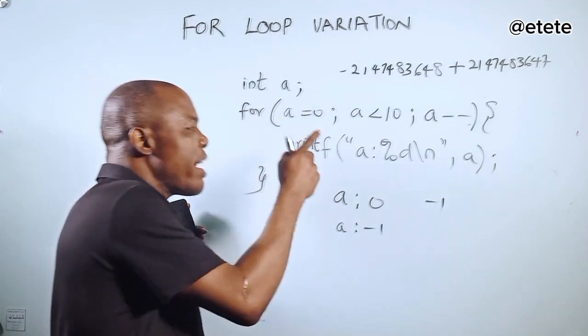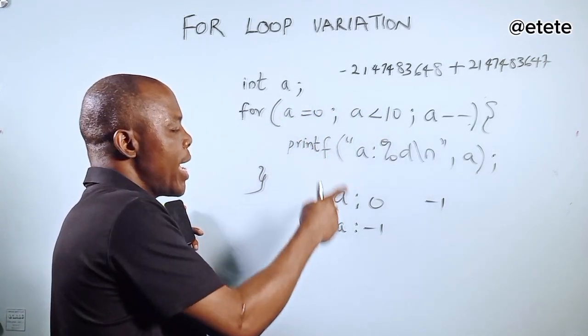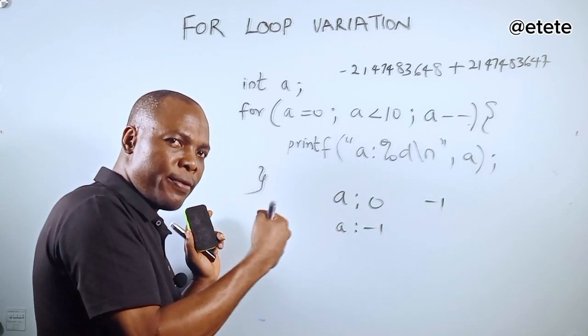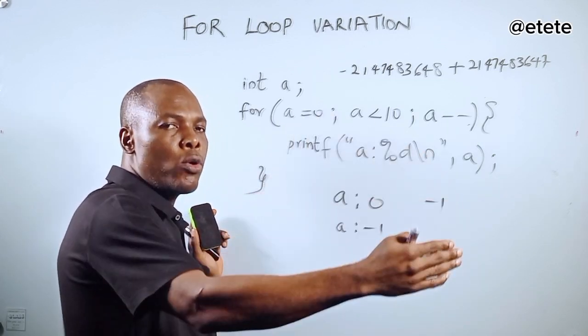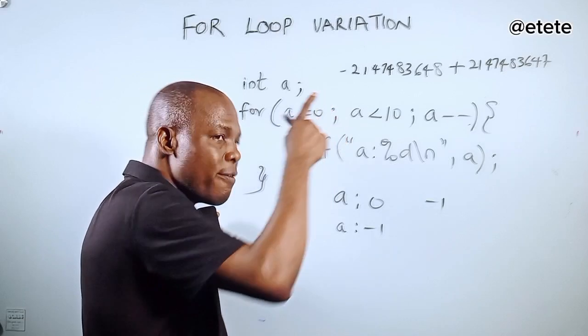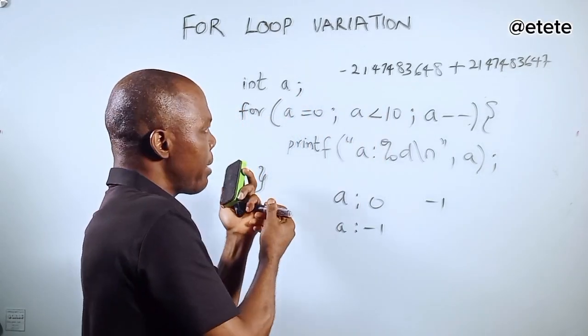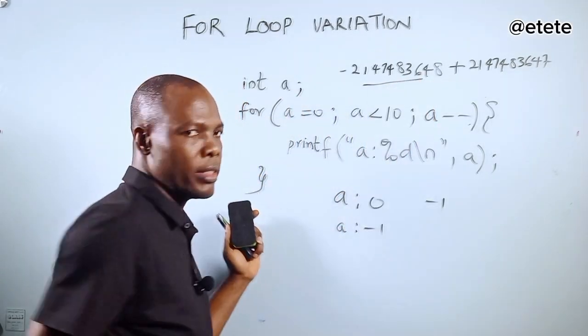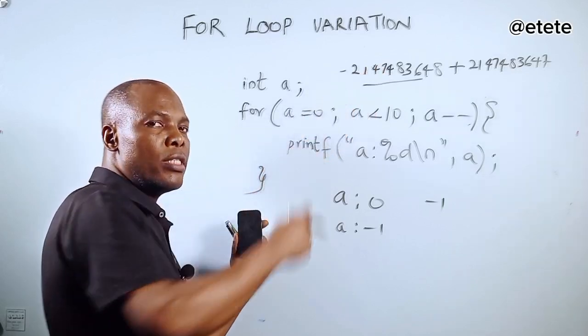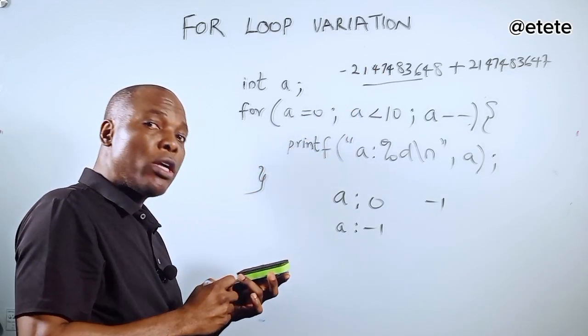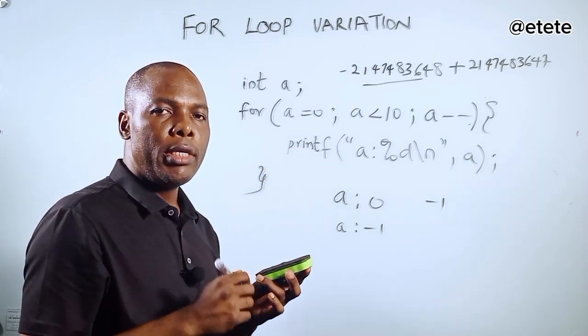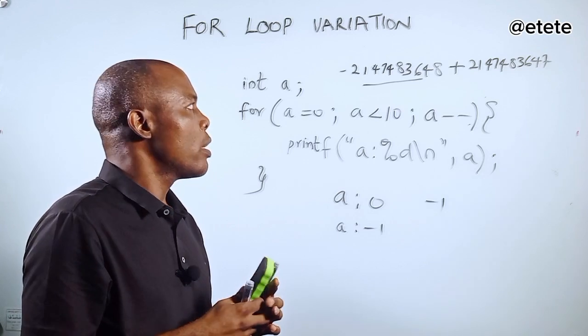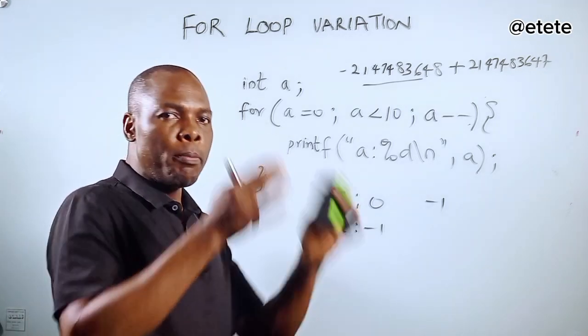Now, if I run this program and I'm going at the negative angle, that is walking away from my goal, eventually I'm going to get to this number. I'm going to get to this. Now, when I get to this, depending on the compiler, there will be an overflow, like a tipping point.